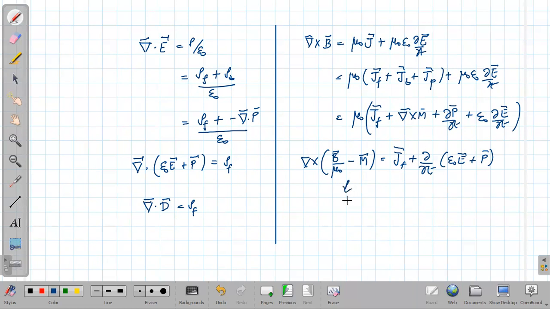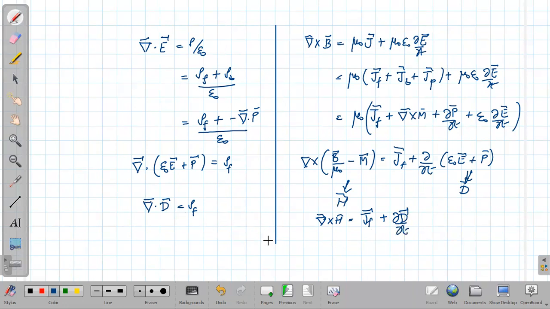This we have already defined as H, and this epsilon 0 E plus P is already known as D, the electric displacement. So our equation becomes del cross H equals JF plus dou D by dou t.